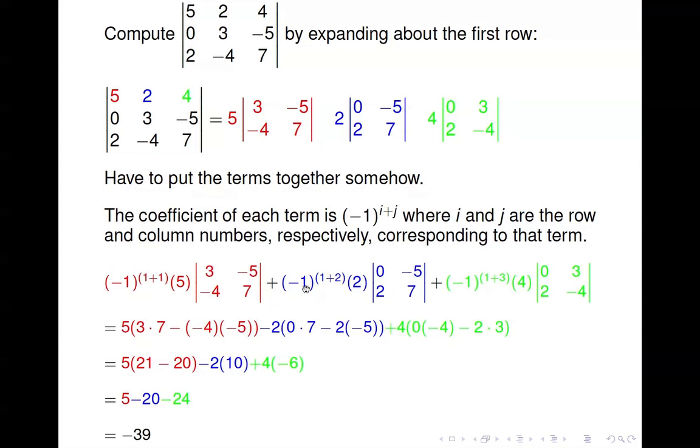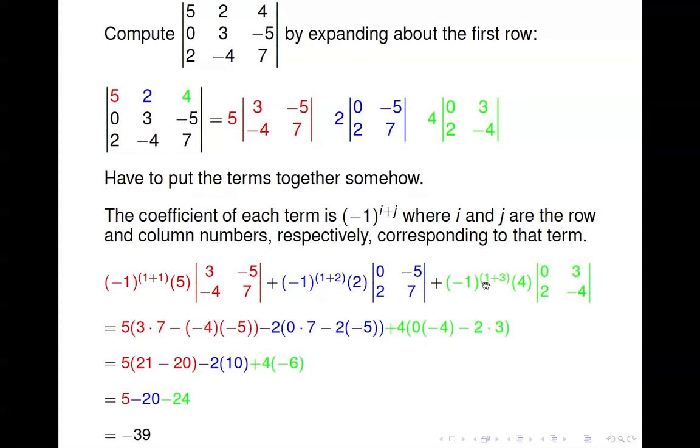Alright, then moving on here to the blue, we got minus 1 to the 1 plus 2, that's minus 1 cubed. So that's negative 1 times 2, gives us the negative 2 here, times the determinant, which is 0 times 7 minus 2 times negative 5. Alright, then moving over to the next term, the green one comes from the 4, and that's first row, third column.